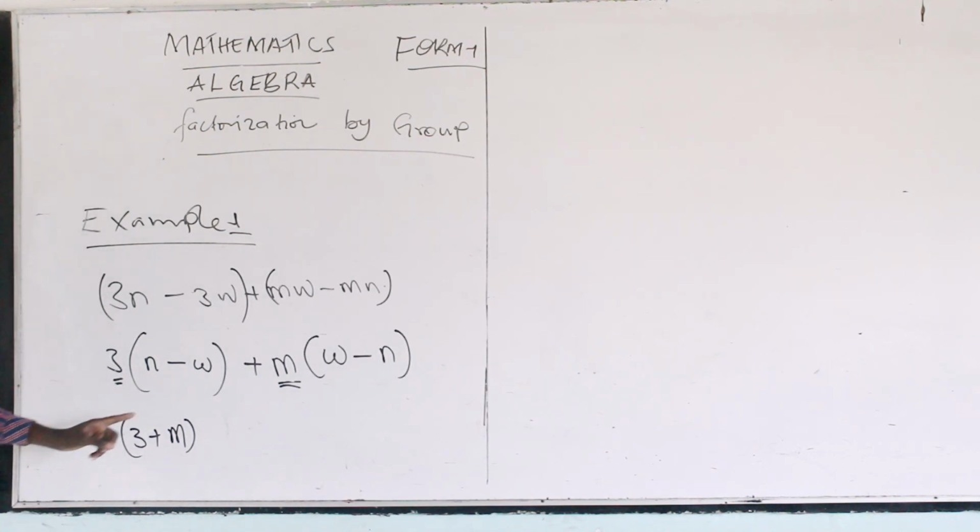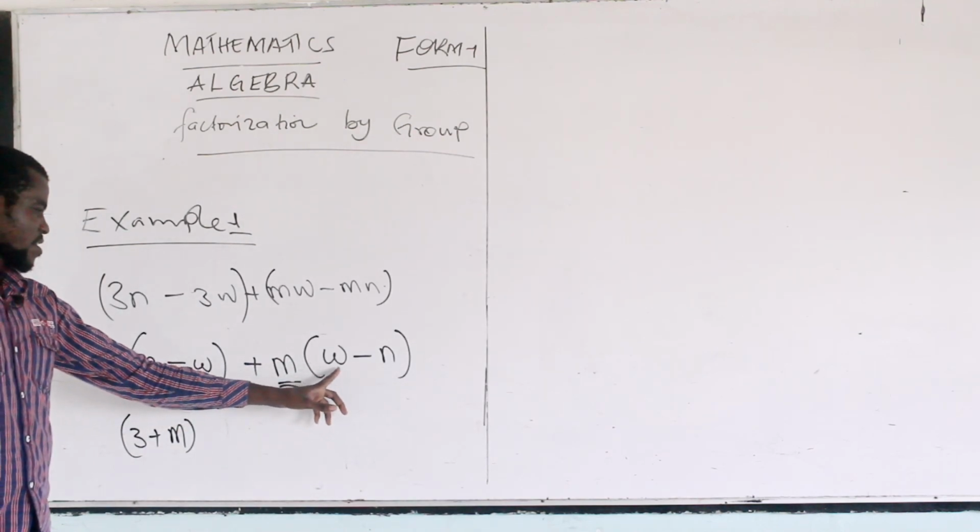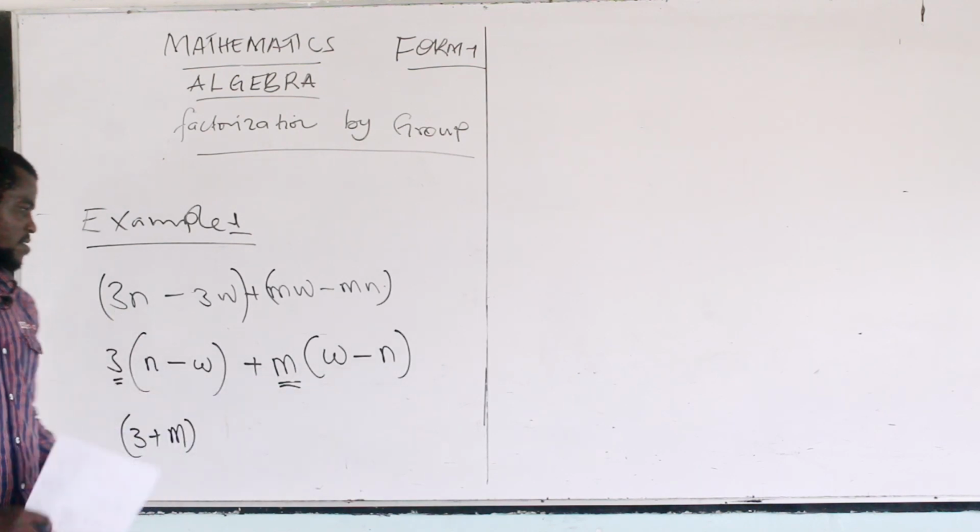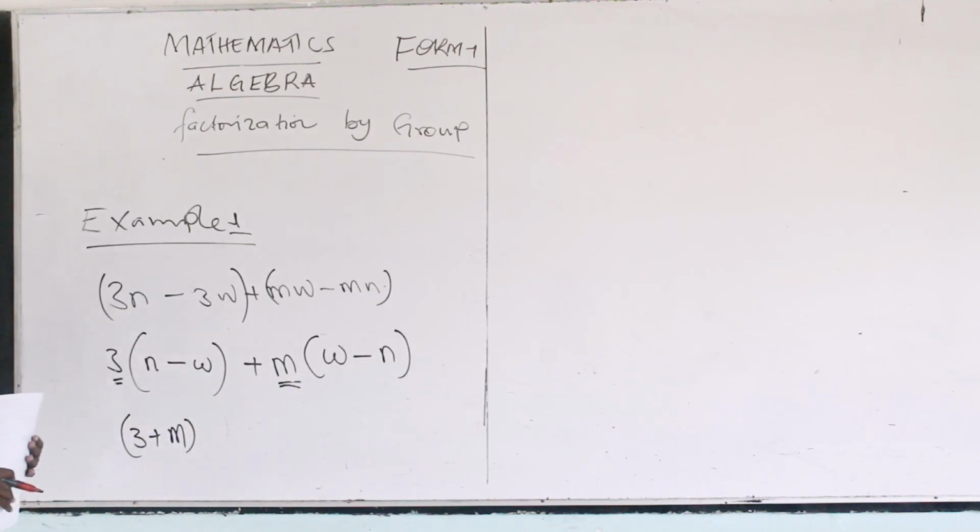Then we proceed. In the first bracket, I have n minus w. In this case, I have w minus n.